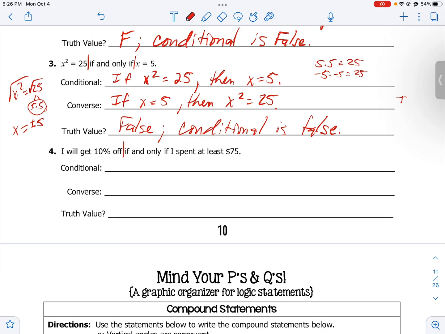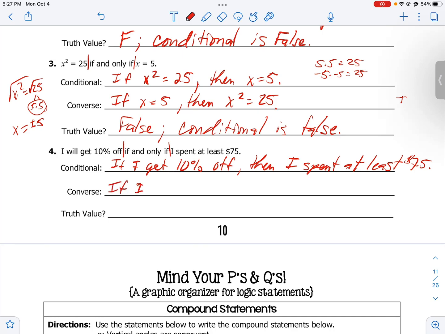Now, I will get 10% off if and only if I spent at least $75. If I get 10% off, then I spent at least $75.